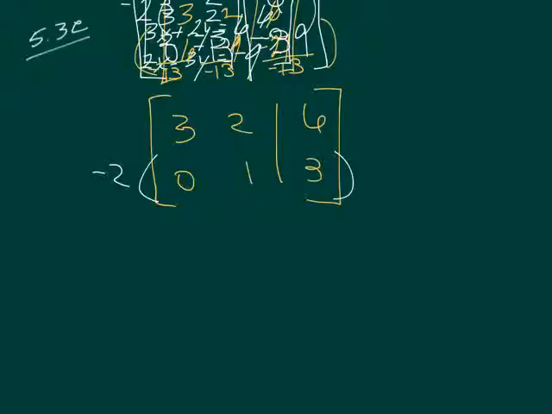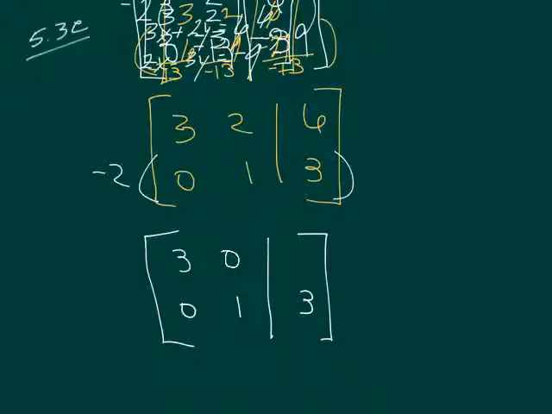So again, I'm going to write my bottom number because that's not going to change, and my top number will change because I'm going to multiply negative 2 times 0 is 0 plus 3, so that will stay a 3. And then I'm going to multiply negative 2 times 1 and get negative 2 plus 2, so that's going to change that to a 0.